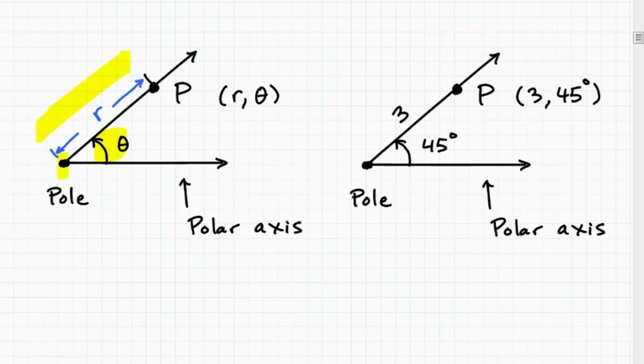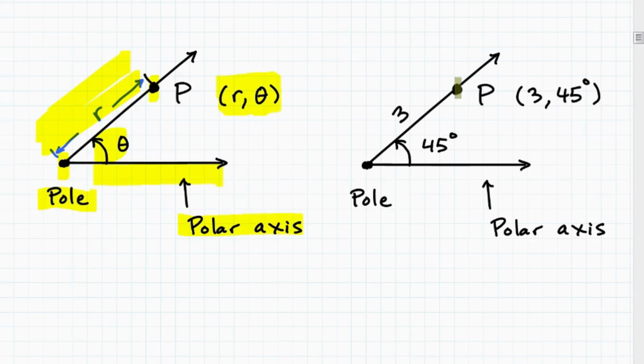This fixed location is called the pole. Then we need to form an angle. The first leg of this angle is what we call the polar axis, and then we have a terminal side that goes through this point P. So I can say this point P is at this distance, this radius, and this angle theta. That is how we describe a point in the polar coordinate system.